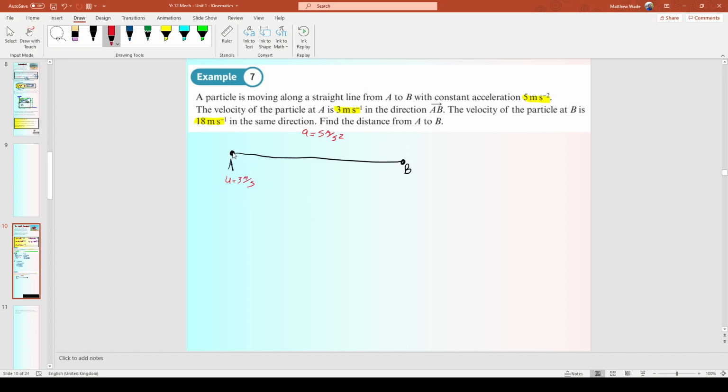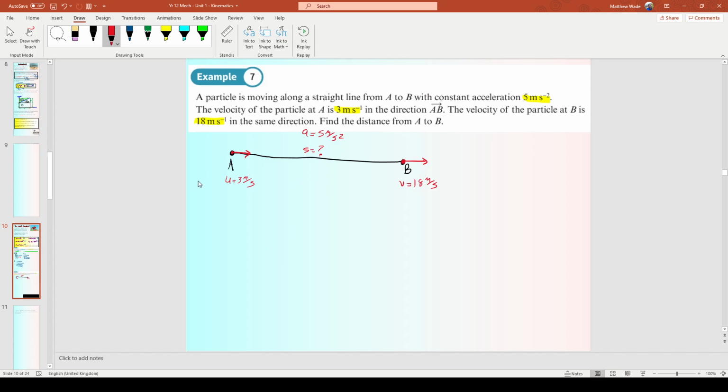And by the time it gets to B, it's still moving that way because it says in the same direction. But this time v, the final speed, is 18 meters per second. What does it want? It wants the distance, which is s. Okay? Right, so there you go.